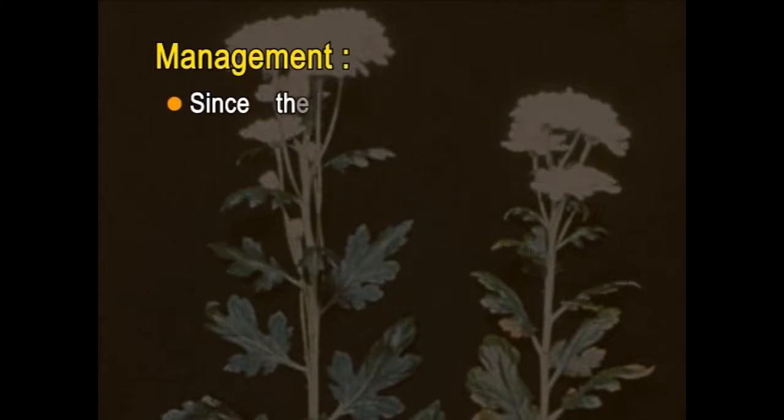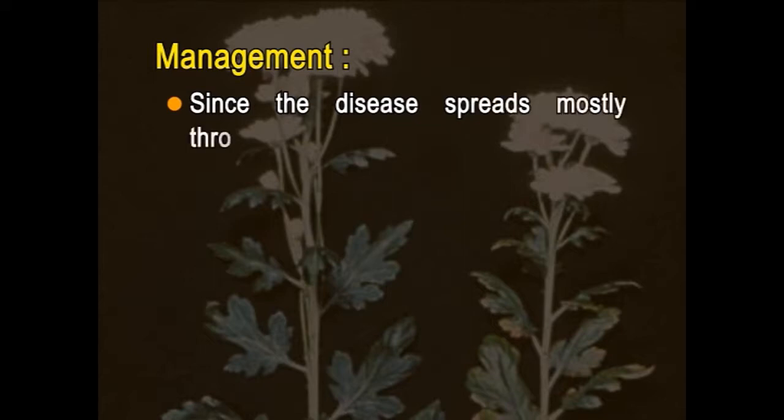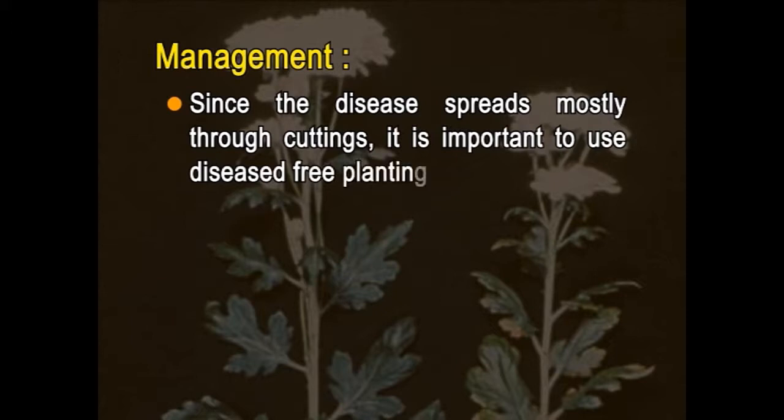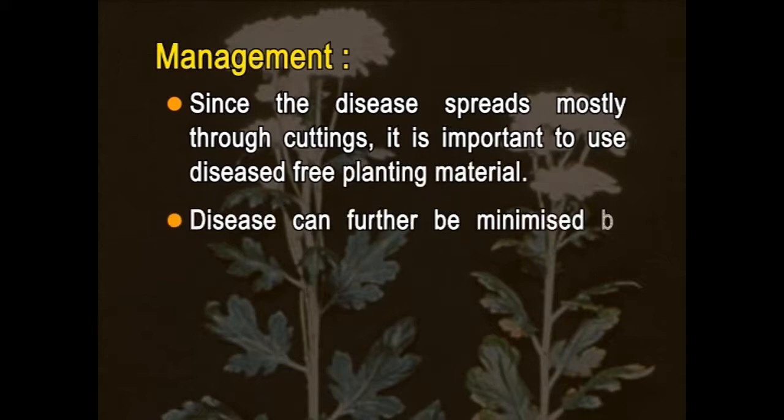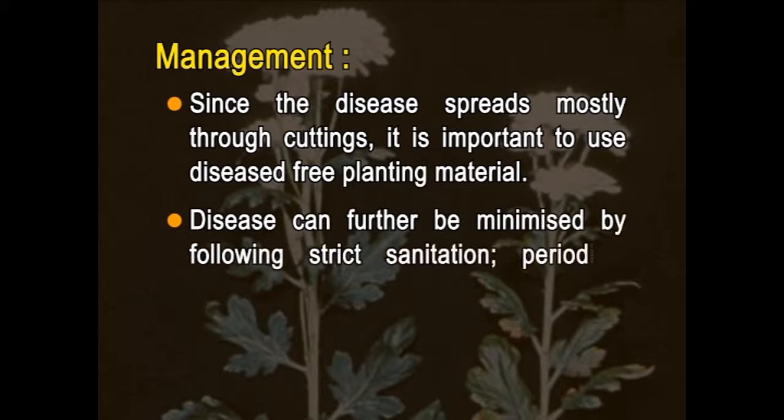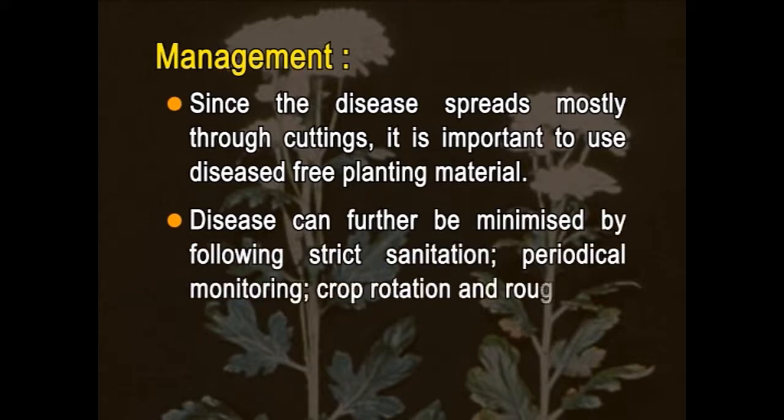Since the disease spreads mostly through cuttings, it is important to use disease-free planting material. The disease can further be minimized by strict sanitation, periodical monitoring, crop rotation and rogueing of infected plants. So this is about the management of the disease.